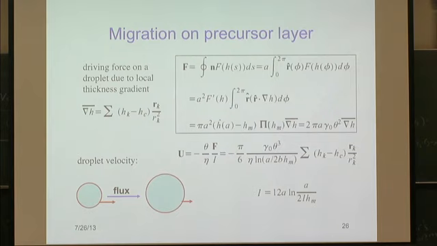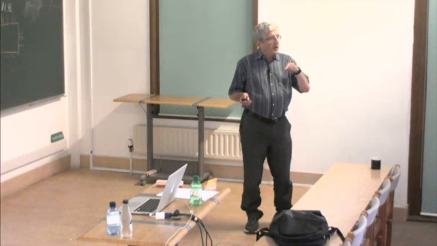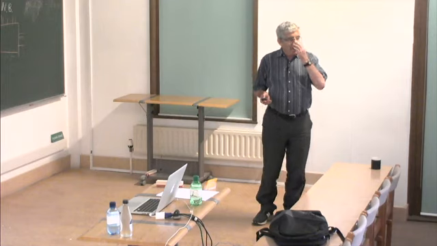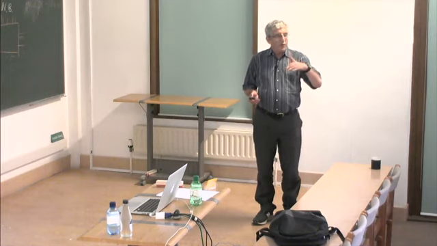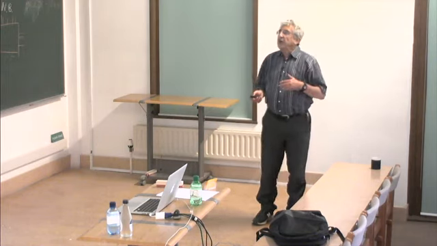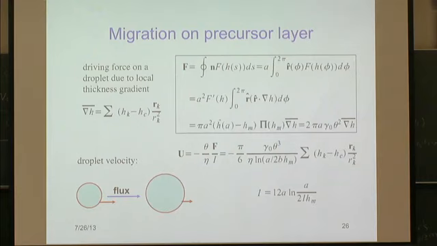And so basically we make use of these formulas for the force acting on each droplet. The force acting on each droplet will be the integral over the contour, and if there is more flux from one side than from another, then it will move according to the net flux.